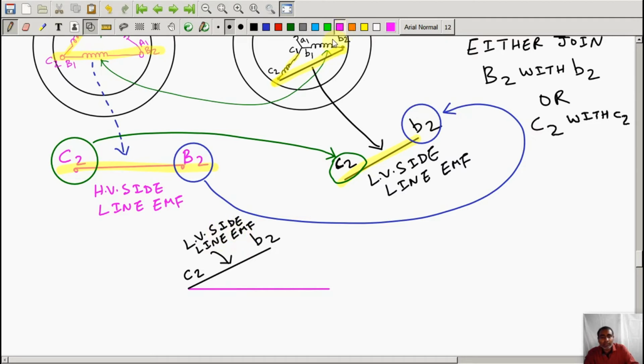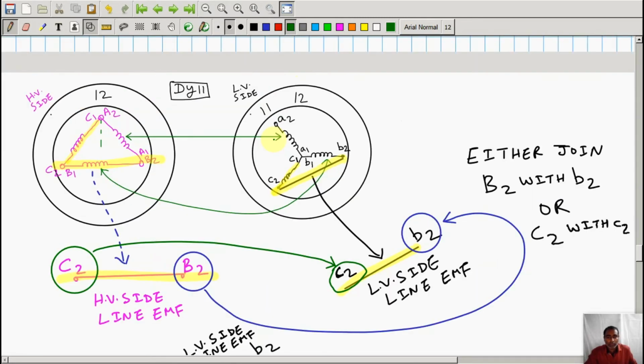And likewise you have got capital C2 and capital B2. This is HV side line EMF, and the angle between them will be 30 degree, because we can find it with a small calculation here.